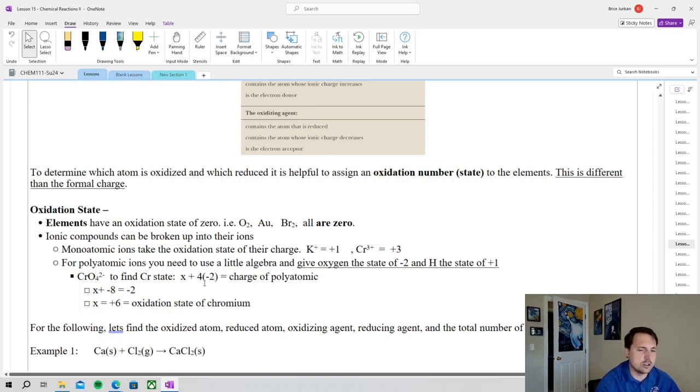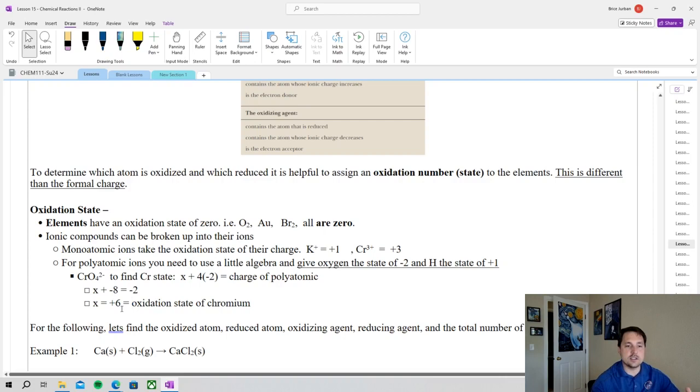Not a -2 charge, but an oxidation state of -2. And then we'll set that equal to the charge of the polyatomic, which is -2 in this case. So here I have an equation that's X plus -8 equals -2. If we add 8 to both sides, we'll find that the oxidation state of chromium is +6. So we can find oxidation states this way.